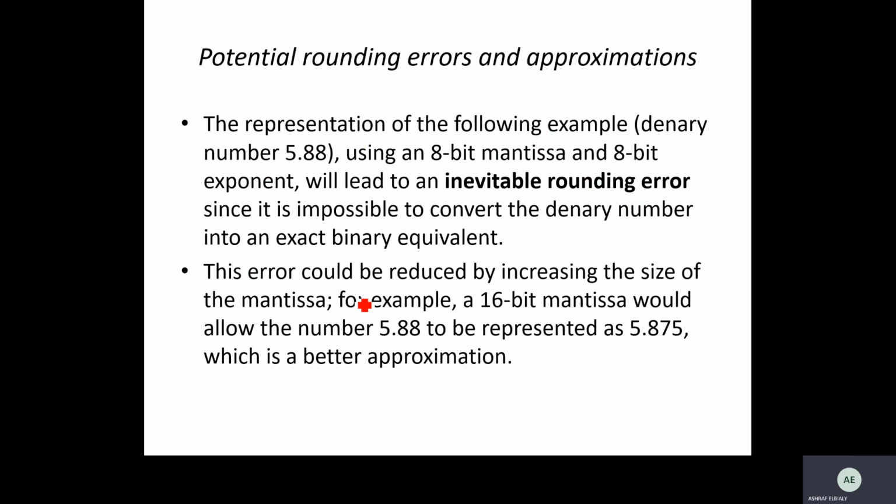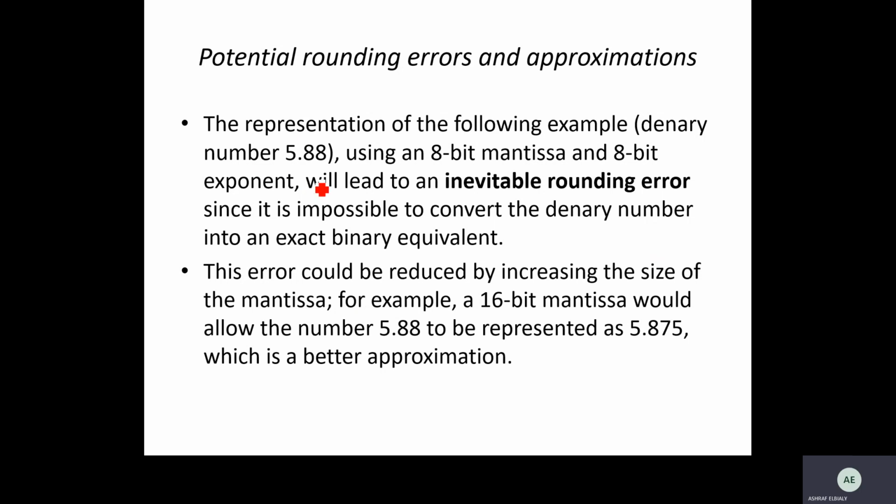Let's also consider what could be the potential rounding errors and approximations in the representation of the following example. Binary number 5.88 using an 8-bit mantissa and 8-bit exponent will lead to inevitable rounding error, since it is impossible to convert the number into the exact binary equivalent.